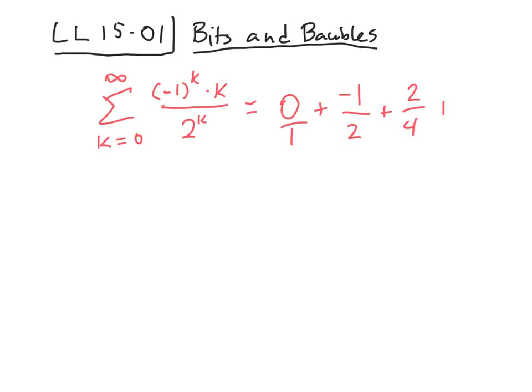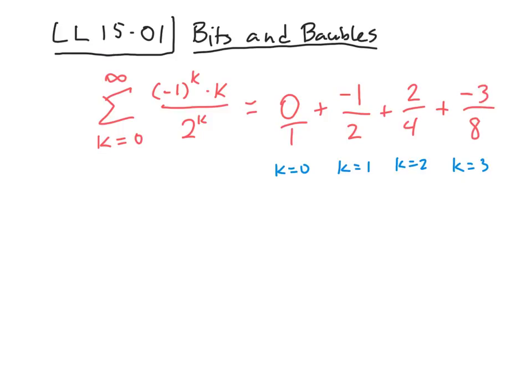All right, next term. Now I'm at k equals 3. I feel like video is kind of a weird way to do all of this, because I wish I could gesture a little bit more, but instead I'll just put these values of k here. Okay, now when k is 3, the term I get is negative 1 to the third. Think: that's a negative times a negative times a negative, which is a negative. Then k is 3, and 2 to the third is 8.